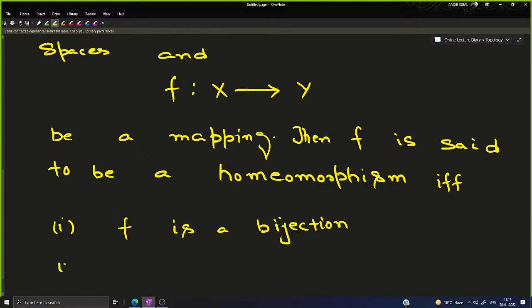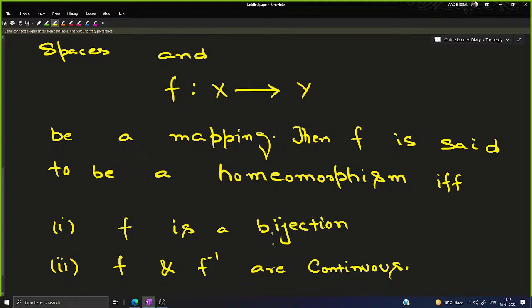The second requirement is f and f inverse, they must be continuous. That means f and f inverse, they both must be continuous. देखिए जब आप यहाँ पहले ही कहते हैं ना f is a bijection, it means f inverse exists.